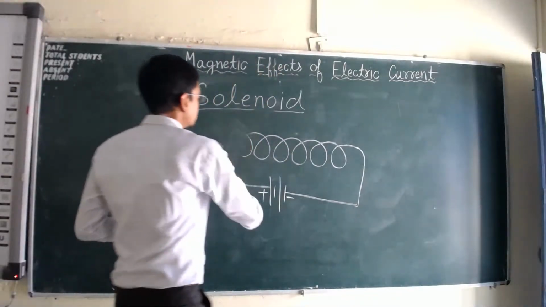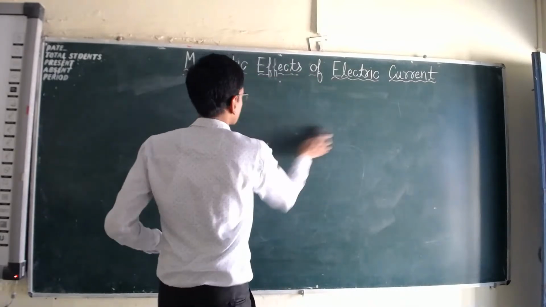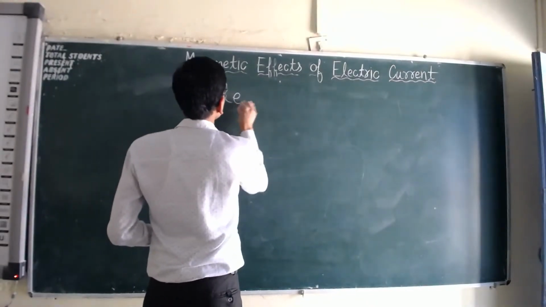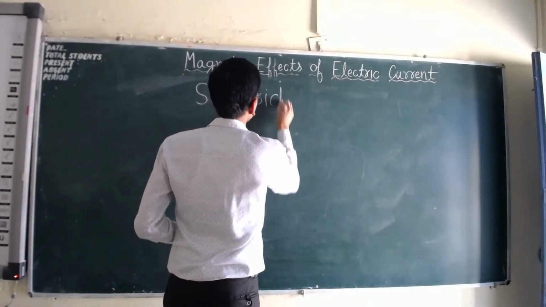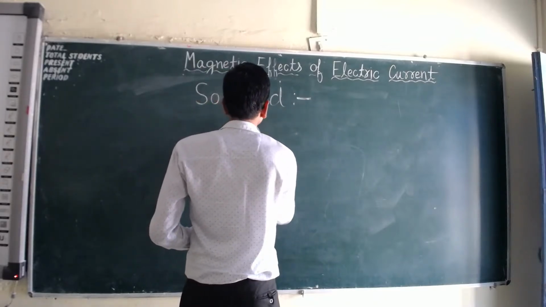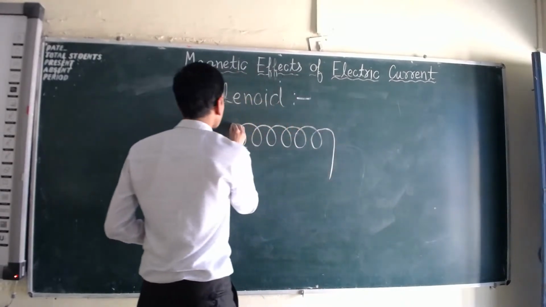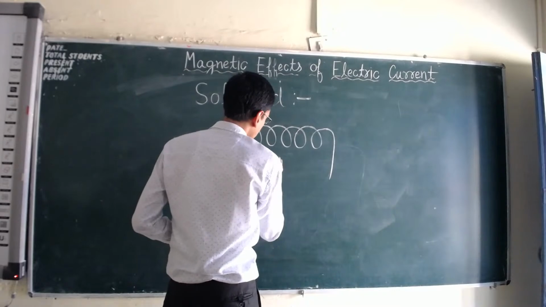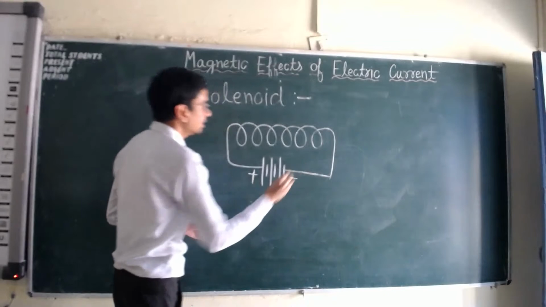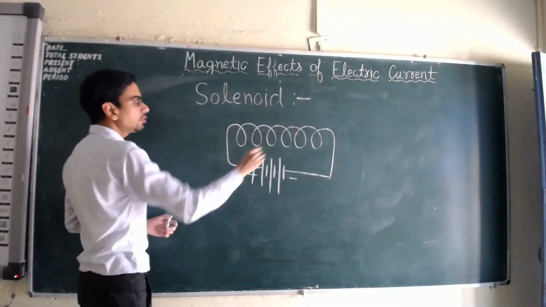I will draw this again. Solenoid. Okay, this is positive, this is negative. Direction of current will be clockwise, positive to negative.